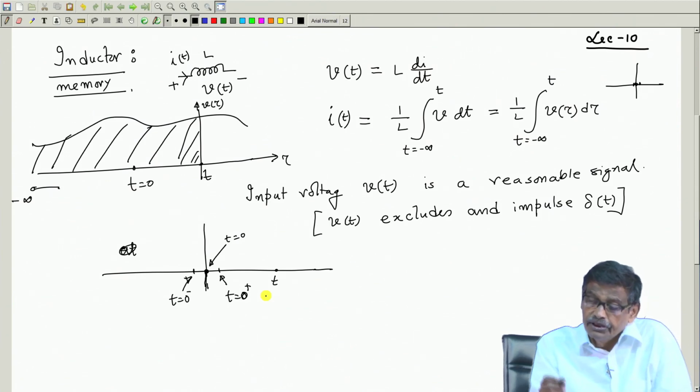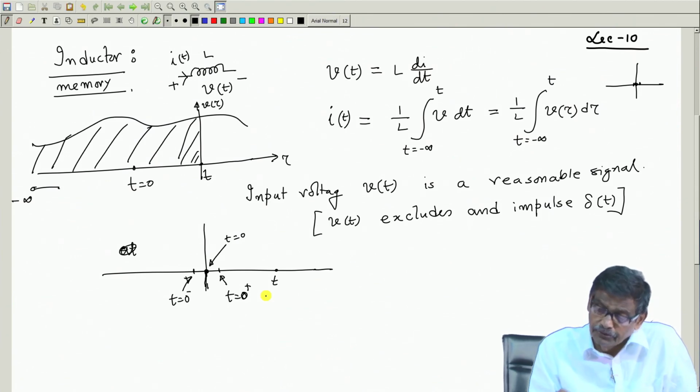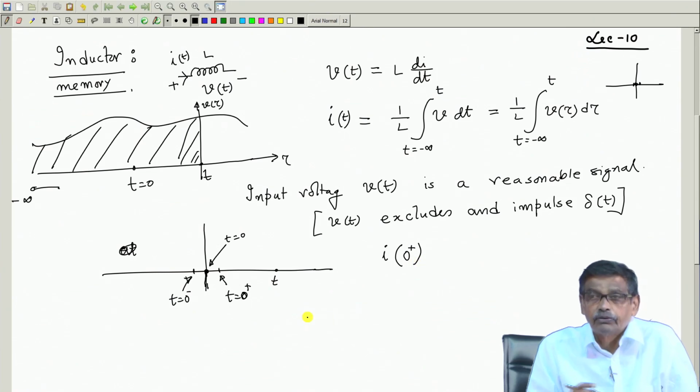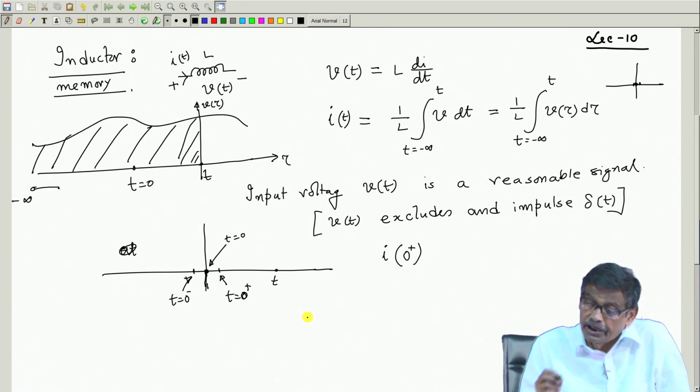Now, you see, suppose I want to find out the current through the inductor at t equal to 0 plus. What should I do?